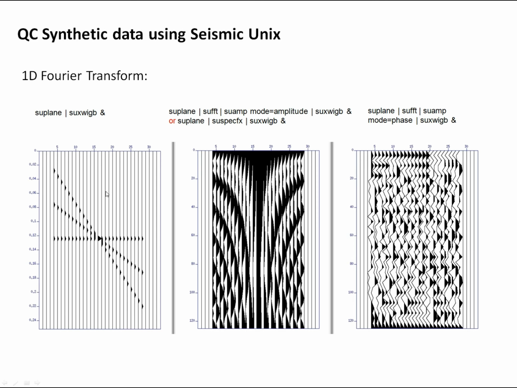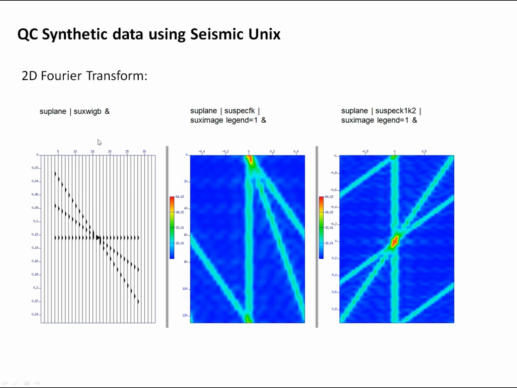For each trace you have an amplitude spectrum and a phase spectrum. This is how you can generate them. Normally we display an average of the amplitude spectrum, so we have an average value for each frequency, for the amplitude and for the phase.